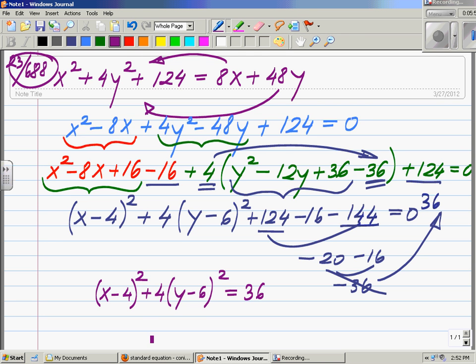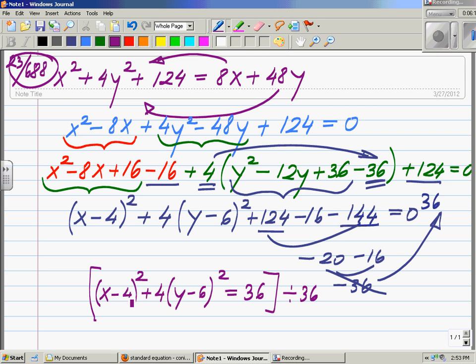Now, for me to have an equation of an ellipse, my expression here should be equal to 1, right? In order for us to have a 1 here, I will divide everything by 36, or we should use brackets here. I'm dividing the whole thing left and right by 36.